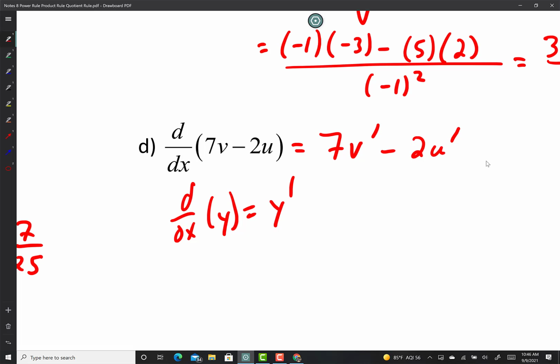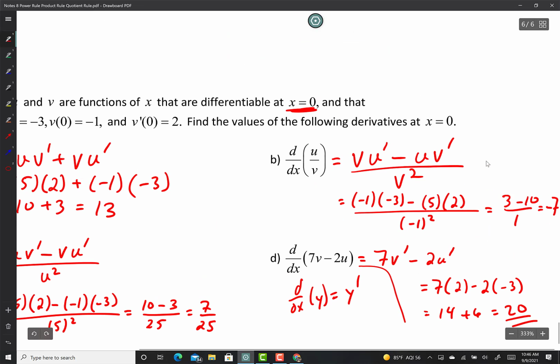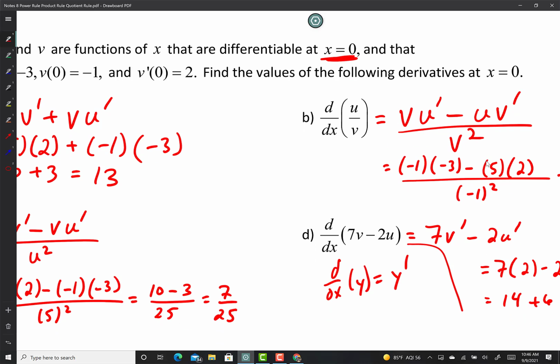Please ask, because I can't read minds. Oh, we're going to plug in, right? So here we go. 7, what was v prime? 2. Minus 2, what was u prime? So 14 plus 6, 20. Just v prime, because we're taking the derivative with respect to x.